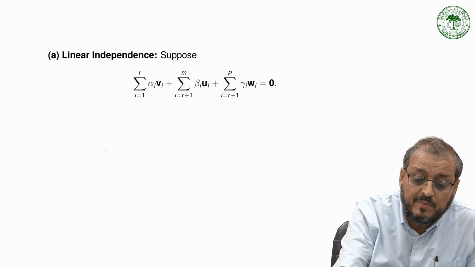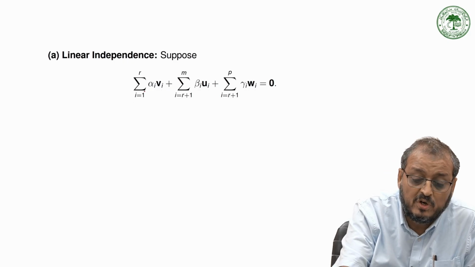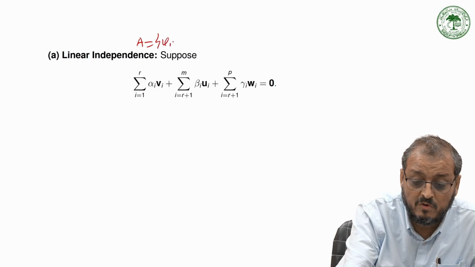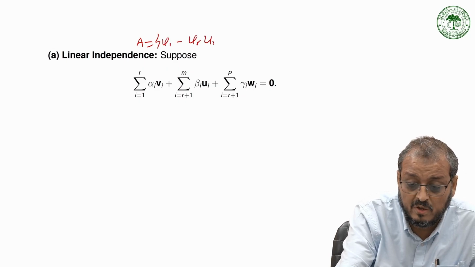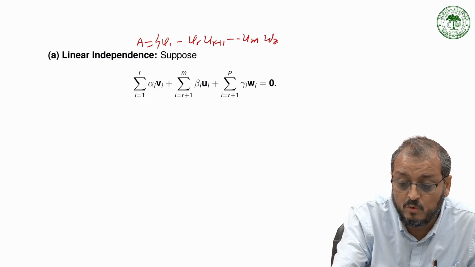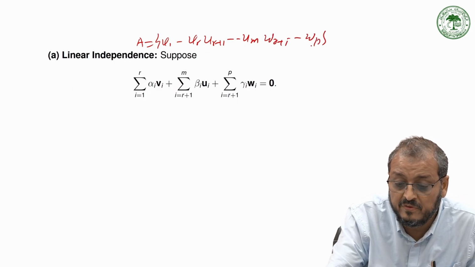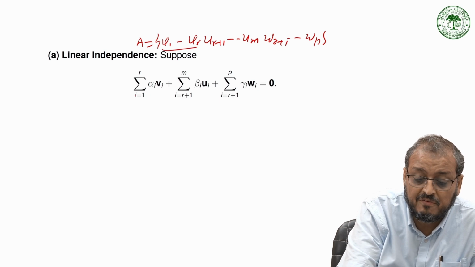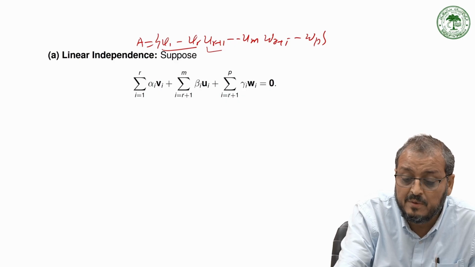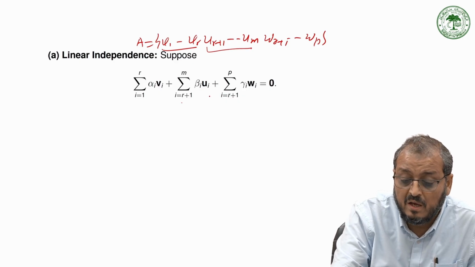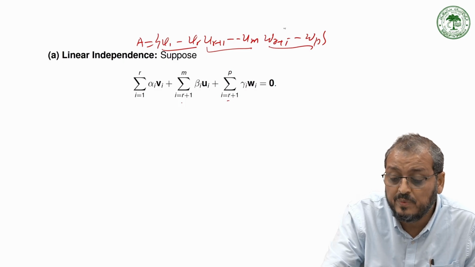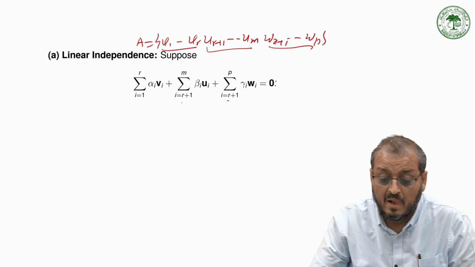For A to be linearly independent, we suppose the sum for i running 1 to r of alpha i v_i, because A is of this form: v1 up to vr, then u_{r+1} to u_m, and then w_{r+1} up to w_p. So we have the sum of alpha i v_i, plus the sum for r+1 to m of beta i u_i, plus the sum for r+1 to p of gamma i w_i, equal to the zero vector.